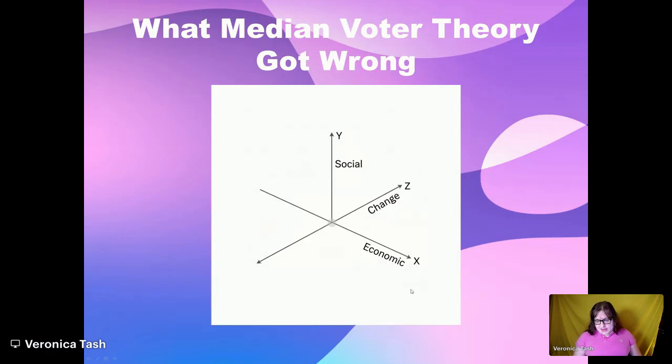But there's the economic axis, the social axis, which should go down below as well, but this is Google's craziness. And when I try to get it to fix it, it may mark that X as well. But then you have a change axis. So economic issues left to right, social left to right, or authoritarian to libertarian, however you want to see it.